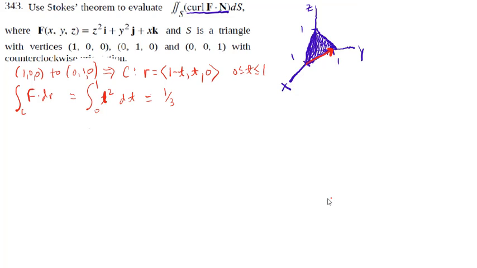So now let's go along this line, from 0, 1, 0 to 0, 0, 1, and that we could parameterize with 0, since x is not changing, 1 minus t, and t.